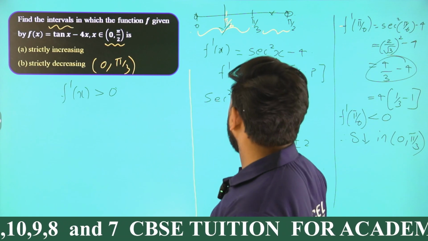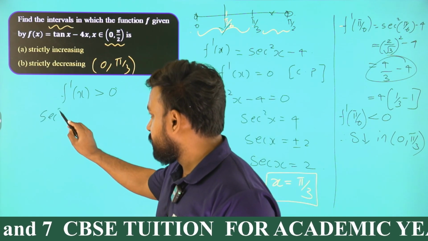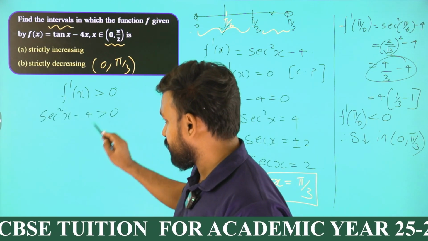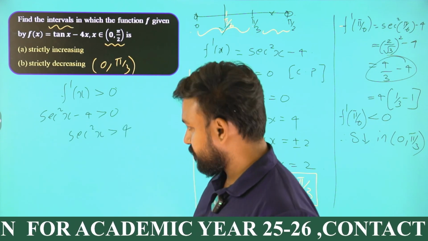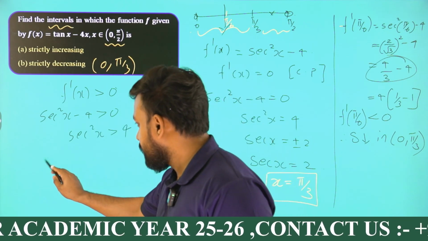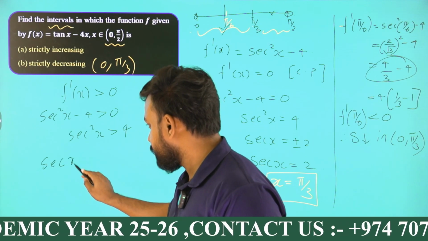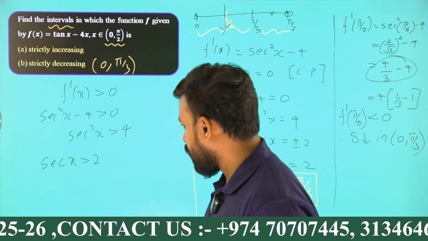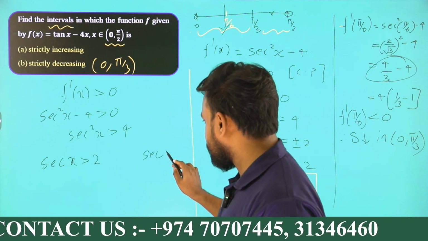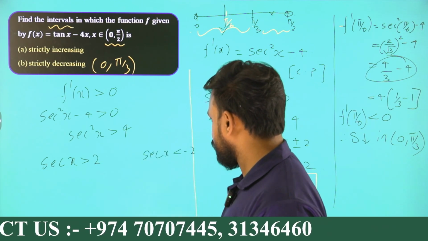So sec square x minus 4 is greater than 0. So sec square x is greater than 4. Ready? So sec x can become greater than 2 or sec x can become less than minus 2.